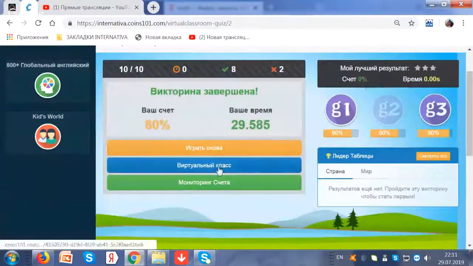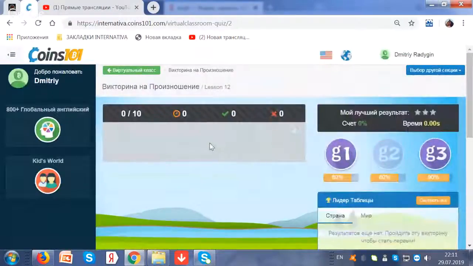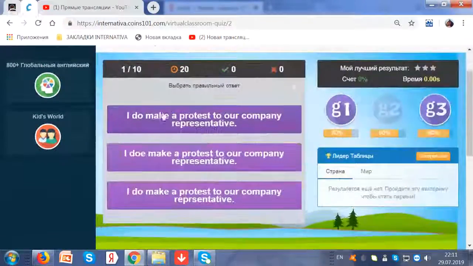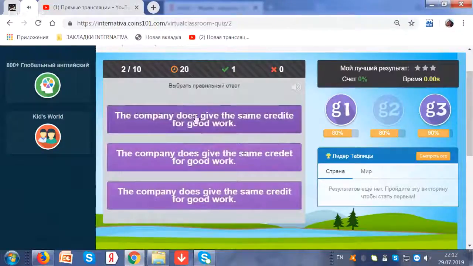Let's go through it once more, just to be sure. I know this one. I do make a protest to our company. The company does give the same credit for good work.